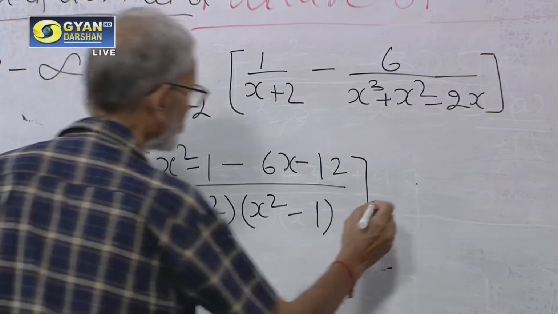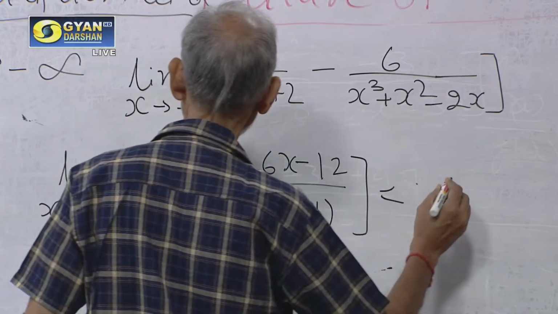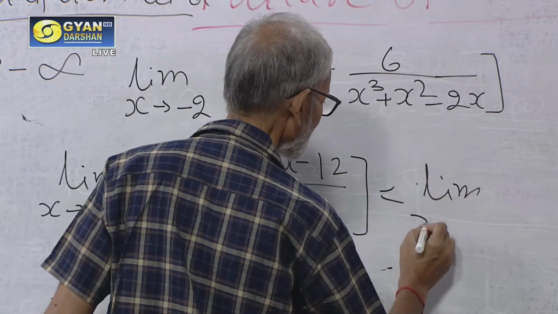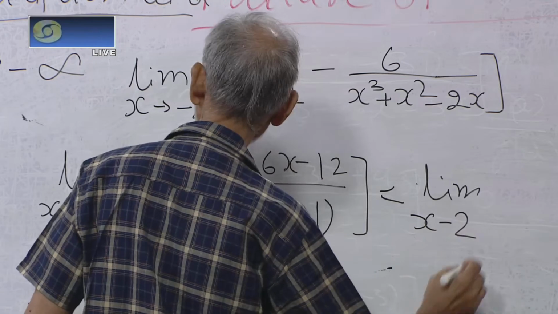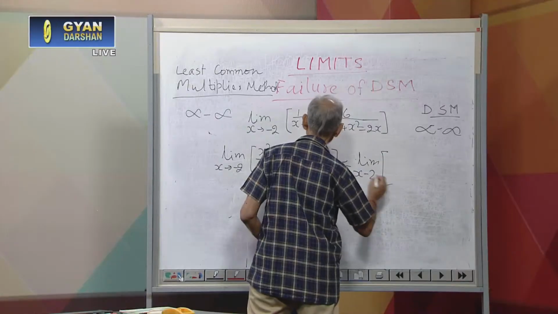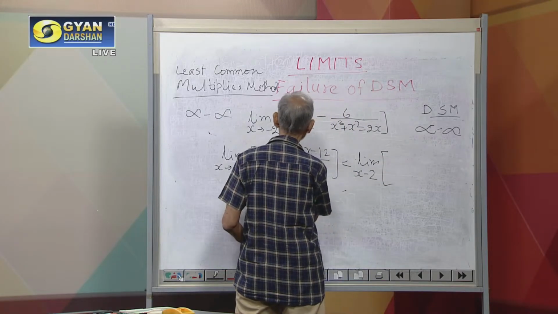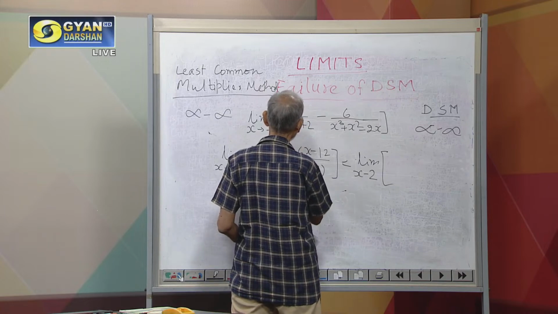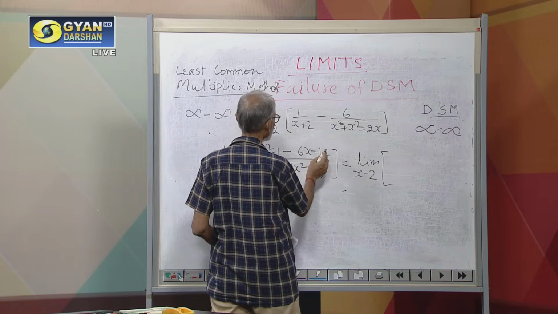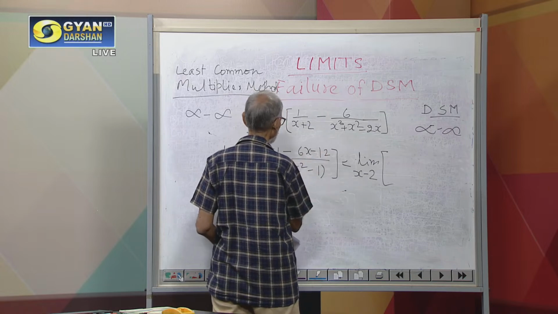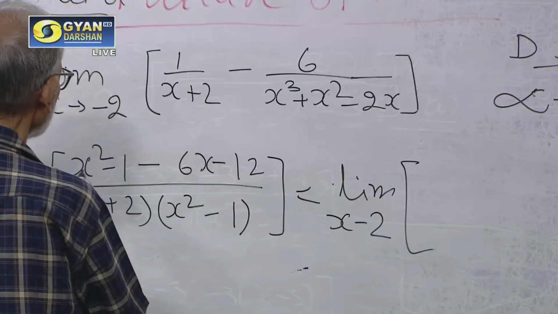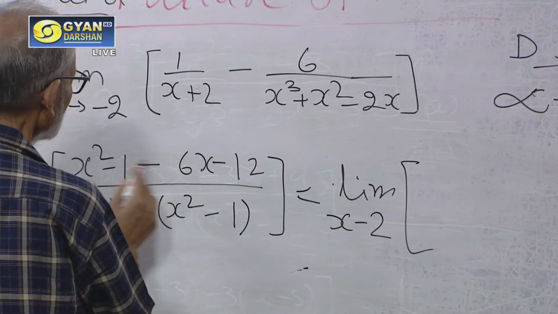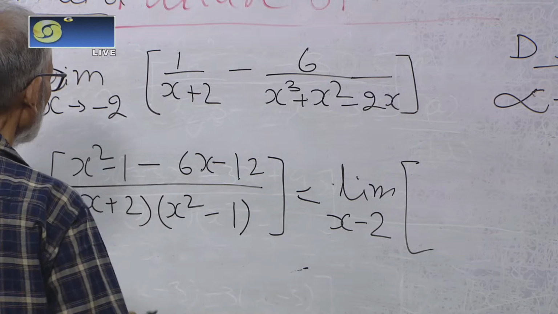So this will be equal to limit x tends to minus 2, denominator will be x square minus 13 minus 6x. Let us see whether x plus 2 comes out to be common here.